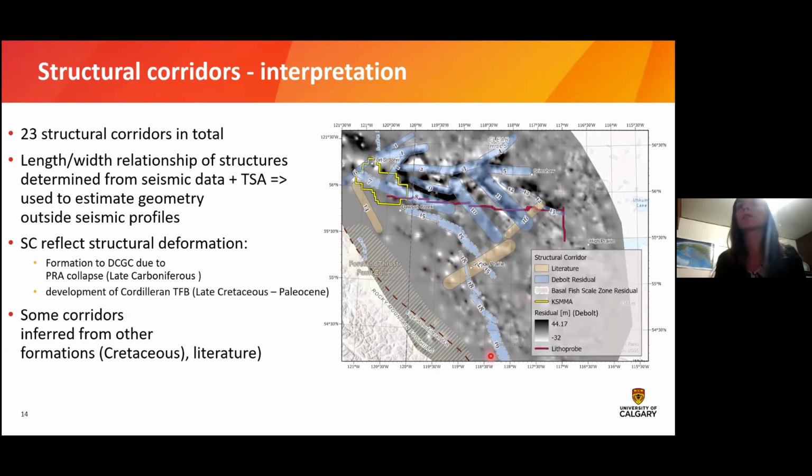And sometimes it was not visible. So I'm showing here the Debolt residual. Some corridors were not clearly expressed on the Debolt formation residual, but I was able to identify some structures, for example, from the basal fish scale zone. So they are outlined in lighter colors here.